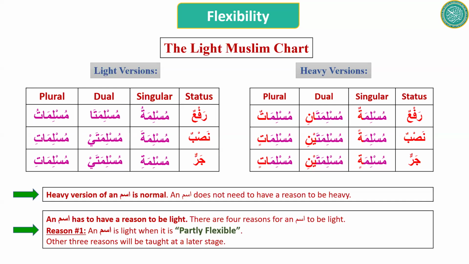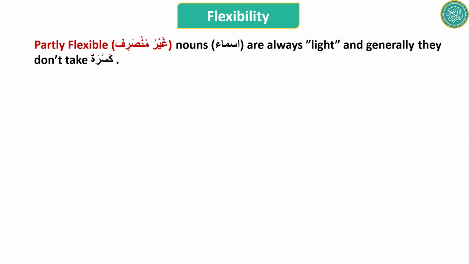There are three other reasons too, but we are going to focus on only one reason today, and that is being partly flexible. The other three reasons, we will learn them too during this course, but at a later stage. So what is partly flexible?